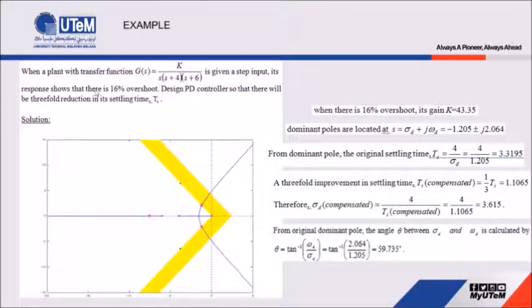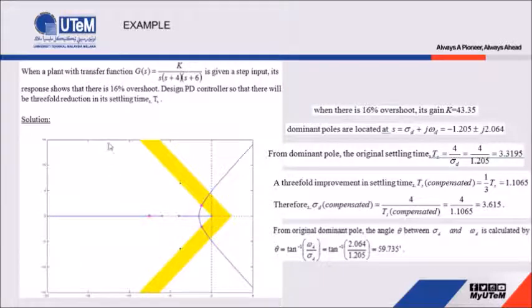So this is the transfer function for the closed loop system, where the system was tested by injecting a step input, and the response shows 16% overshoot. Then we have to improve the performance in terms of settling time without affecting the percentage of overshoot.